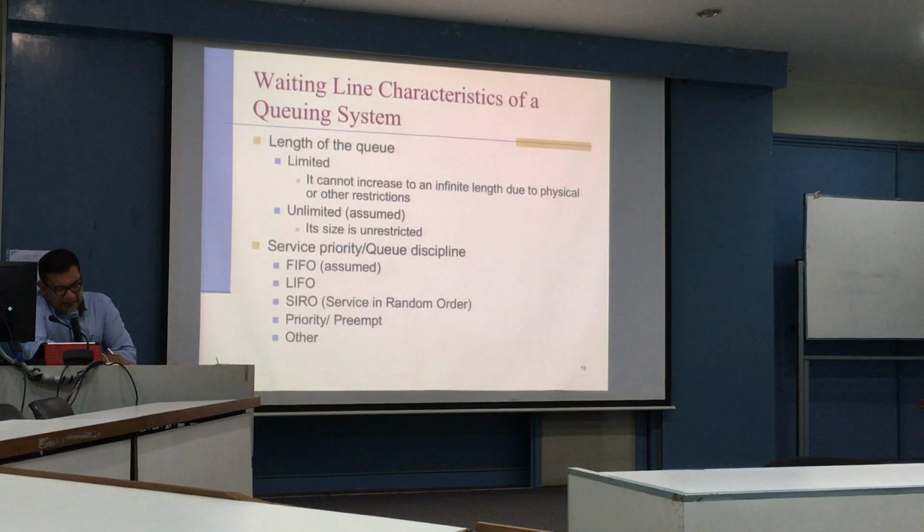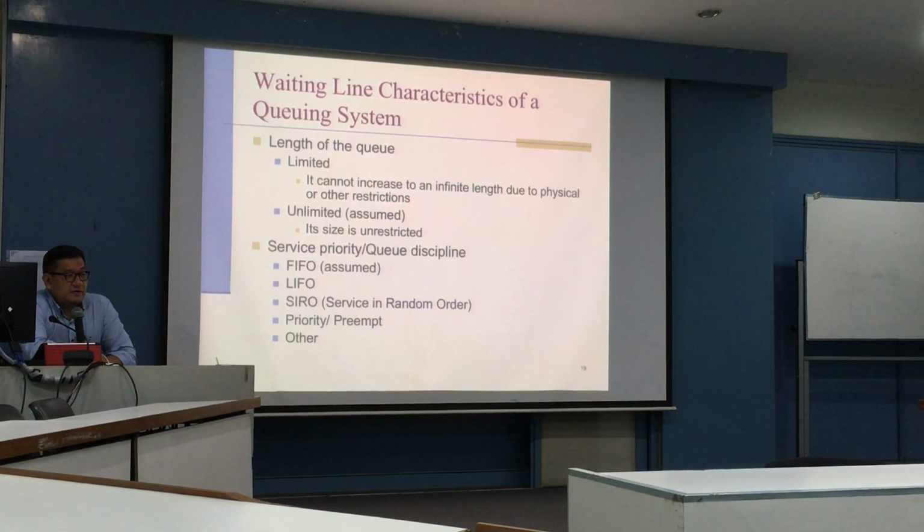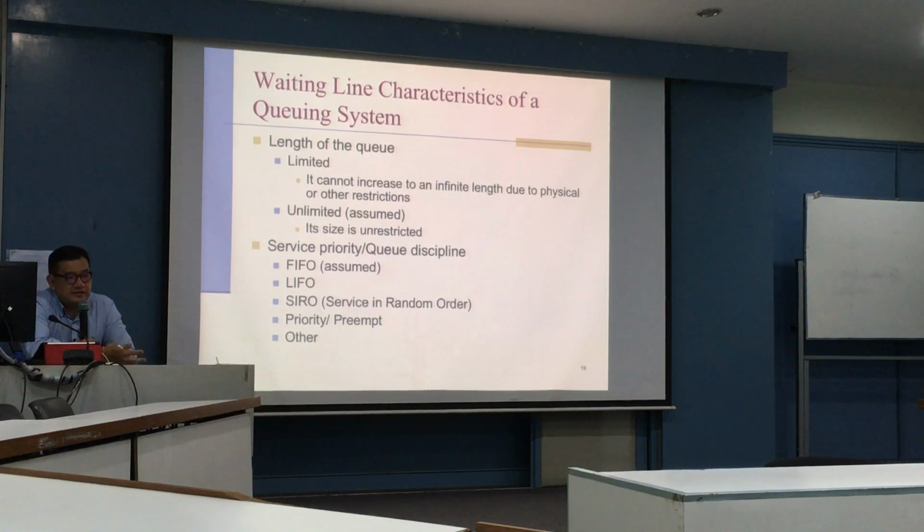But on the other hand, in the case of limited length of the queue, we are not using it in this course, but it can happen in the real world based on the limitation or restriction of the physical area or physical element of the place.